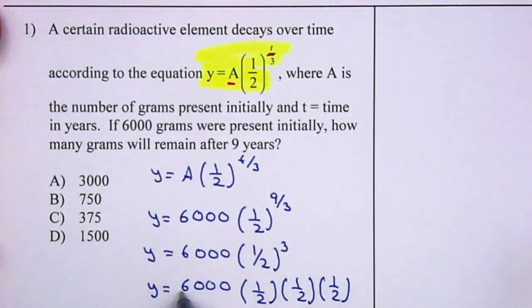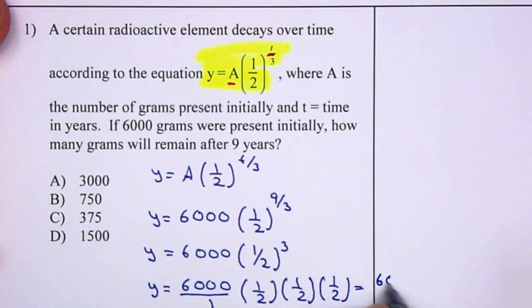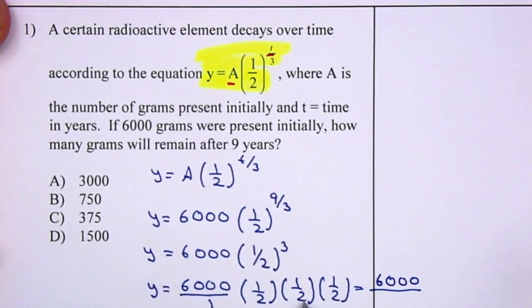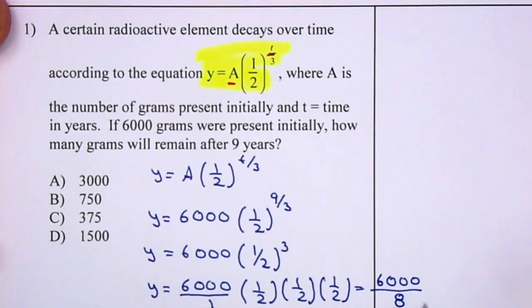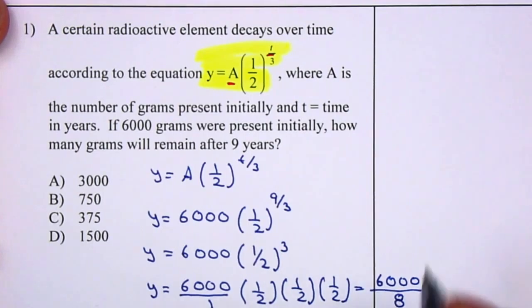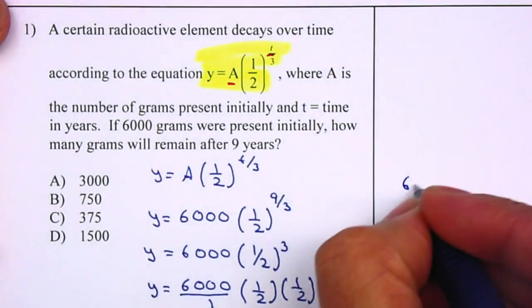Now when we multiply a whole number by a fraction, we place it over 1 and multiply across. 6,000 times 1 times 1 times 1 will be 6,000. 1 times 2 is 2, times 2 is 4, times 2 will be 8. So it'll be 6,000 divided by 8. You can reduce if you want, but we're just going to do the long division.